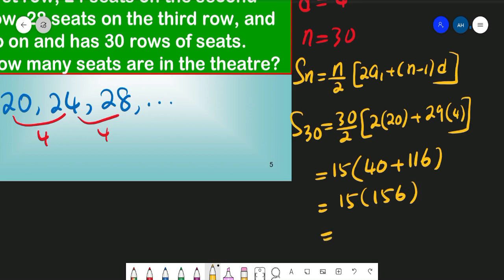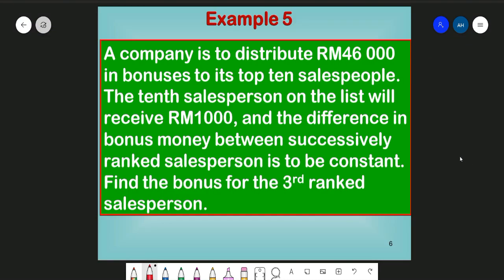Now, 15 multiplied by 156, we have 2,340. That's the total number of seats in the auditorium. That is 2,340 seats.